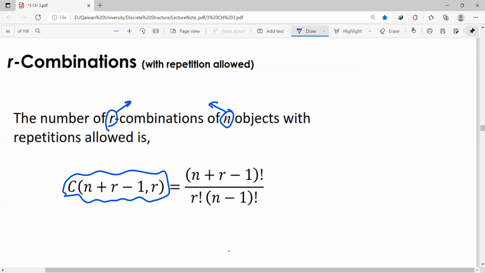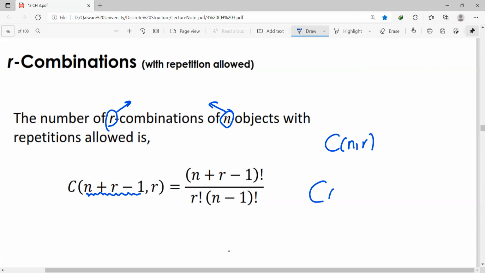If the repetition is allowed, we say the combination of n plus R minus 1. Before, without repetition, we said it is C(n, R). But now, if the repetition is allowed, we say C(n plus R minus 1, R). That means you replace n by n plus R minus 1, and we apply the same rule.